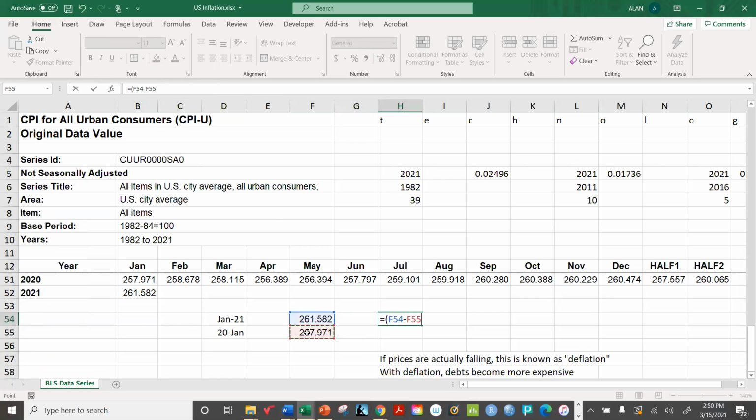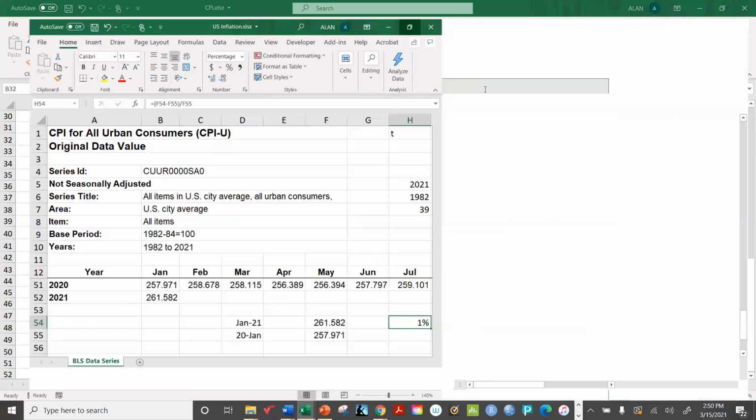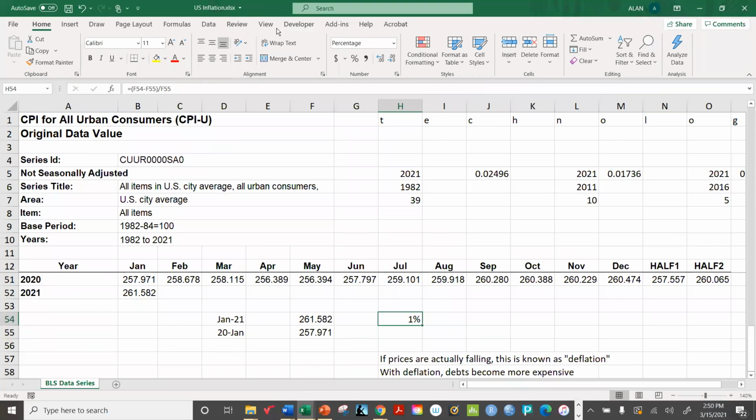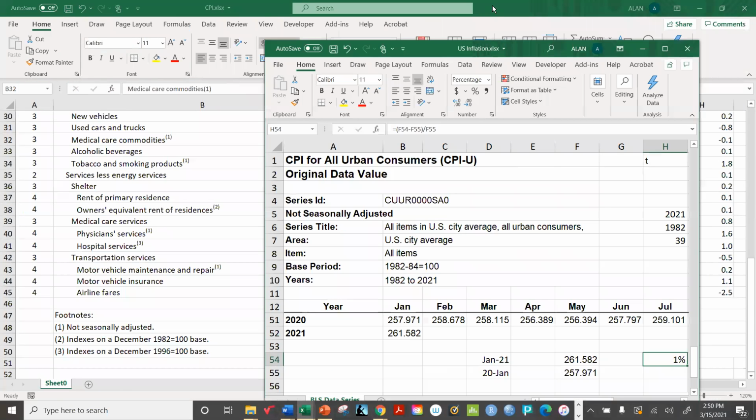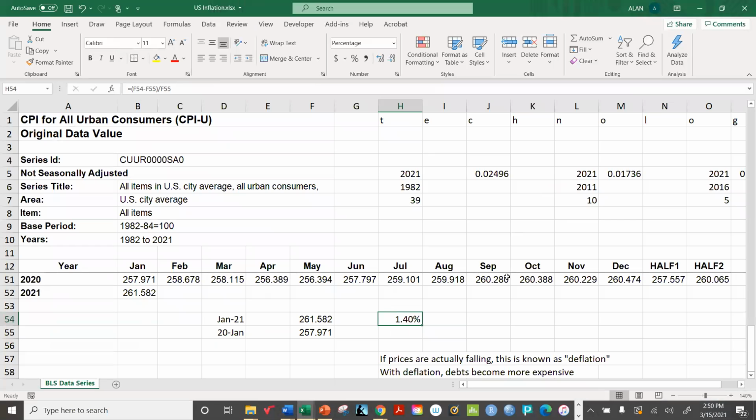So yes, in Excel, what I'm going to do is take the current CPI minus last year's CPI, divide it by last year's CPI. And this means that in the US, over the last year, consumer inflation has been approximately 1.4%, which isn't that bad.